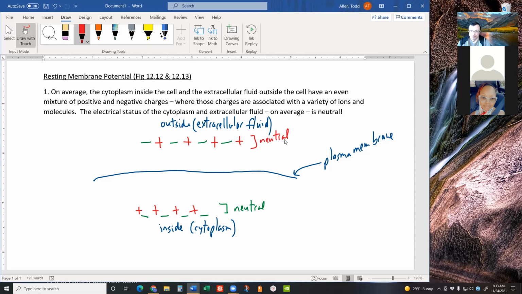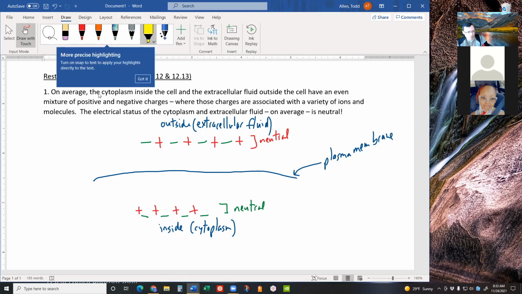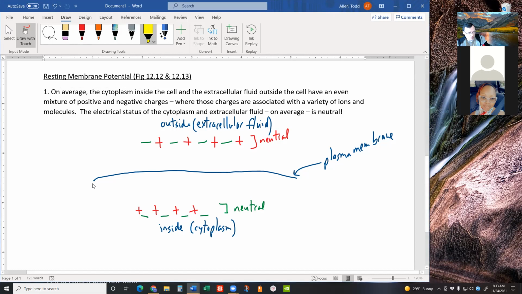That is true. Now, the membrane itself is a little different. So when we talk about the charge across the membrane, I'm going to be talking about this membrane here and the fact that there is an inner and outer surface to the membrane. While it is true that the interior of the cell, for the most part, is neutral, and the exterior of the cell, for the most part, is neutral, it is also true that the membrane is not neutral.